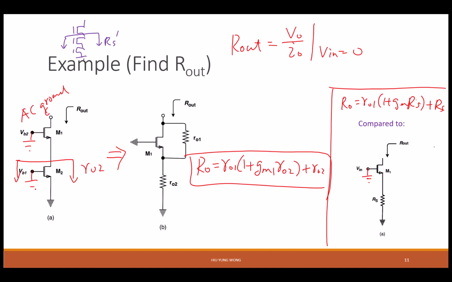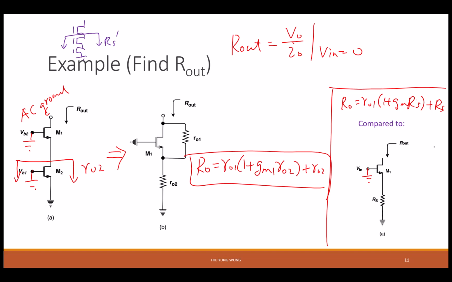And I went through all those complicated math, I came up with this equation. But this is constant bias, isn't it? I need to ground it also because this is AC ground. I'm doing small signal, so this is AC ground. So I will also ground this.